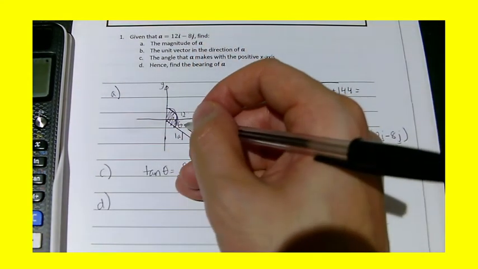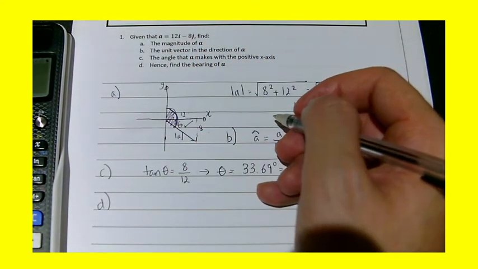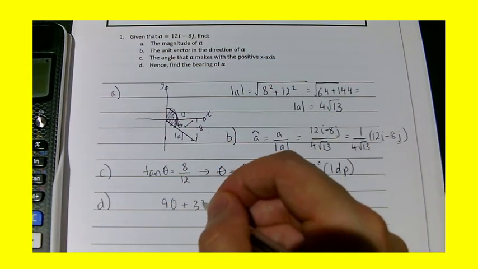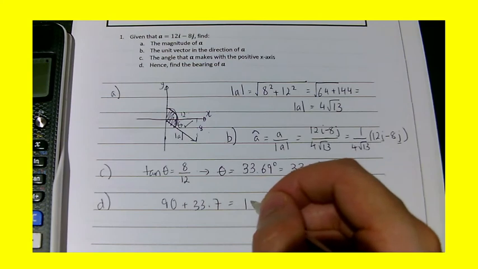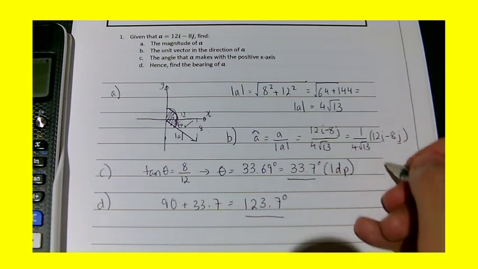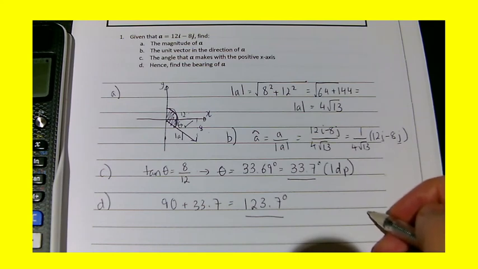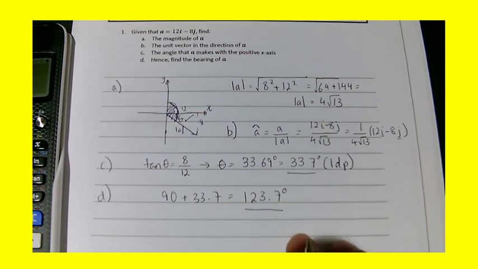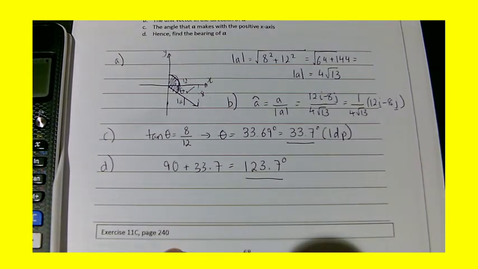We already know what theta is, so to get the whole bearing, we do 90 plus 33.7, which is 123.7 degrees. And that's the bearing. So that's how you find the magnitude and direction of a vector, and the exercise you can use to practice these skills is down here.